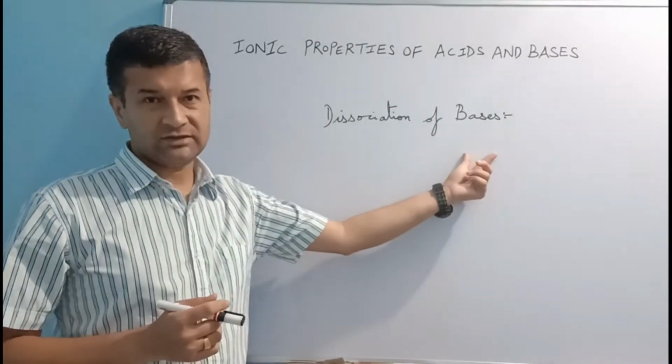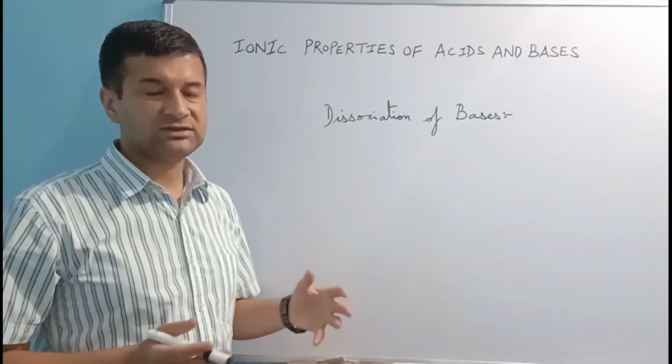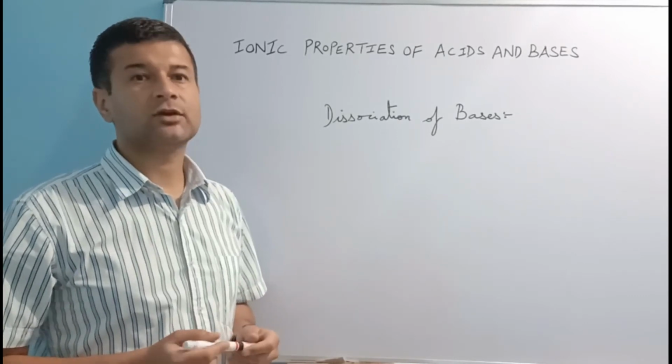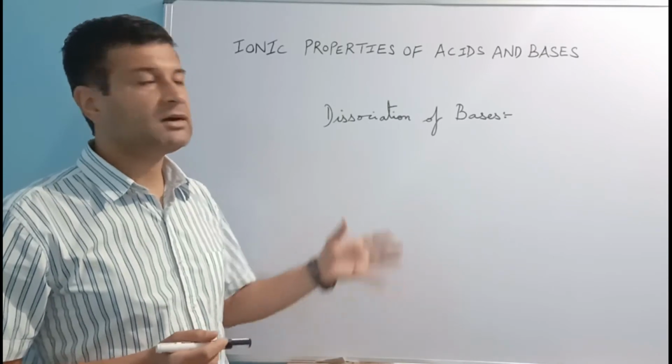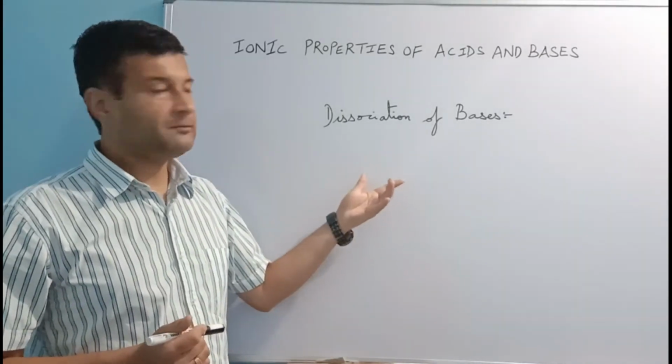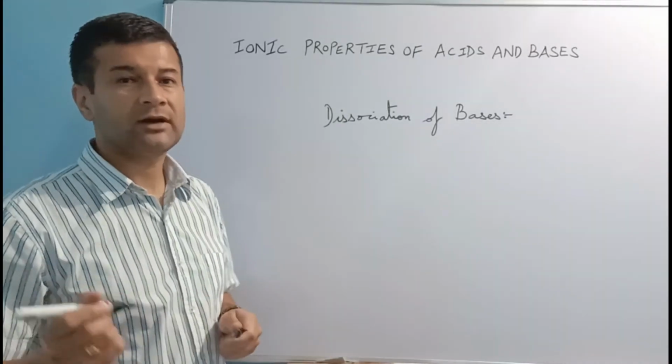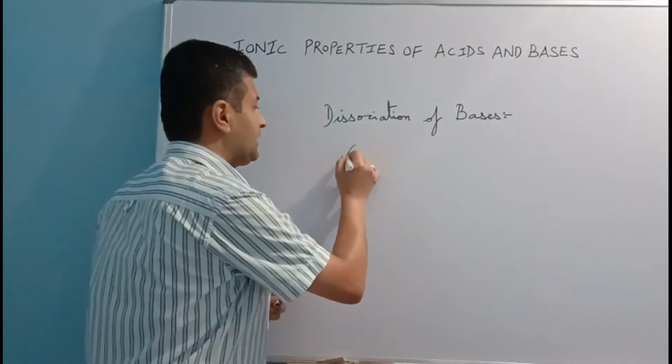Dissociation of bases. We have already discussed that some bases dissolve in water and are known as alkali. So when alkali dissolves in water, they dissociate to give cations and anions.